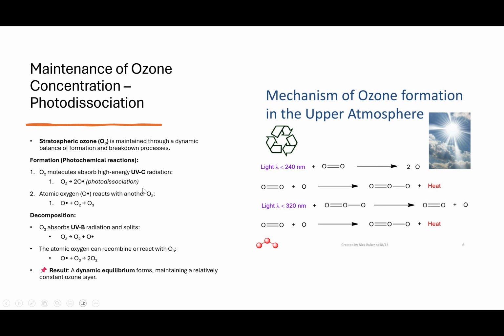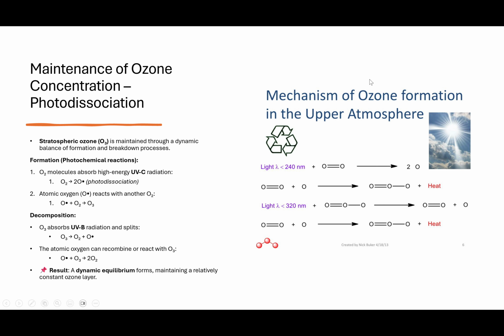The oxygen atom then reacts with another oxygen molecule and produces O3. We also have decomposition, where the O3 breaks down into O2 and an oxygen radical, the oxygen atom, and the atomic oxygen then reacts with ozone to produce two molecules of oxygen. So this is a dynamic equilibrium: oxygen molecule to ozone, and ozone back to oxygen molecule.